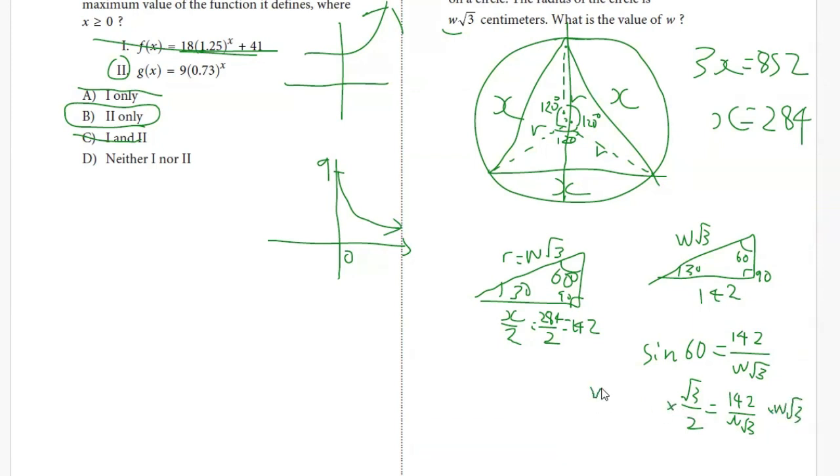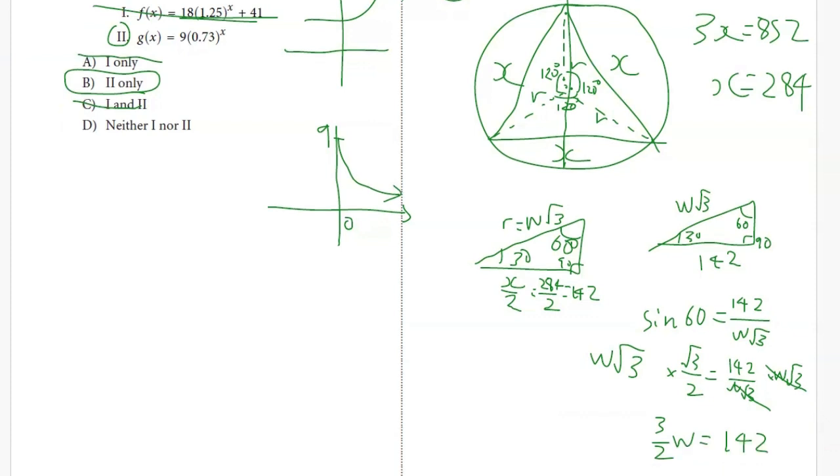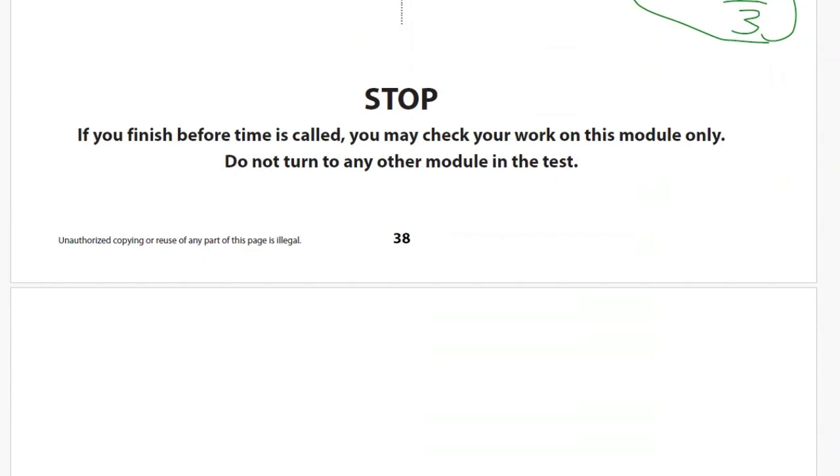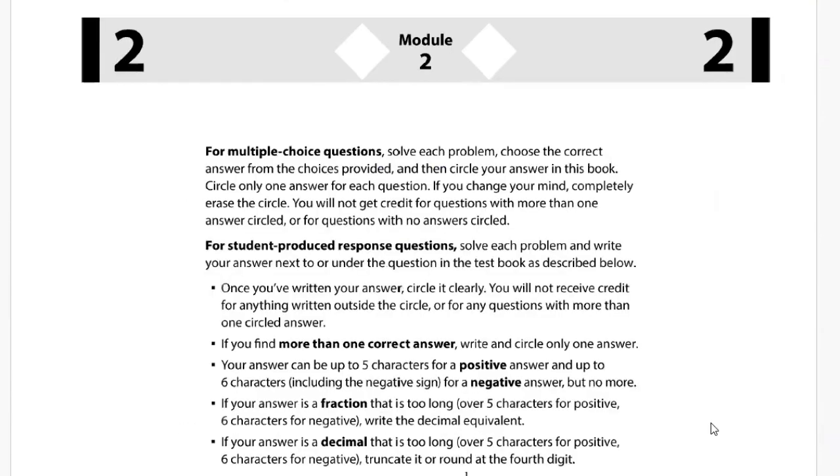If I multiply by W square root 3 on both sides, this goes away, this goes away. It becomes 3 over 2 W, which is equal to 142. W is simply going to be 284 divided by 3. So the correct answer here is 284 divided by 3. Okay. Moving on to module 2.